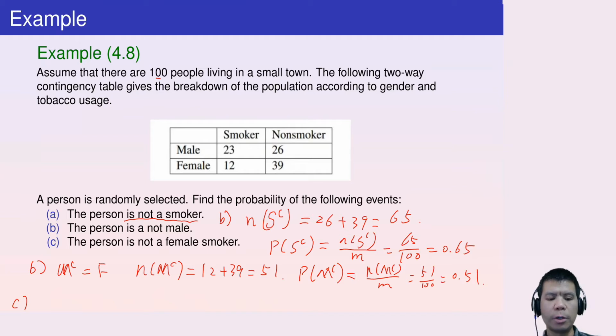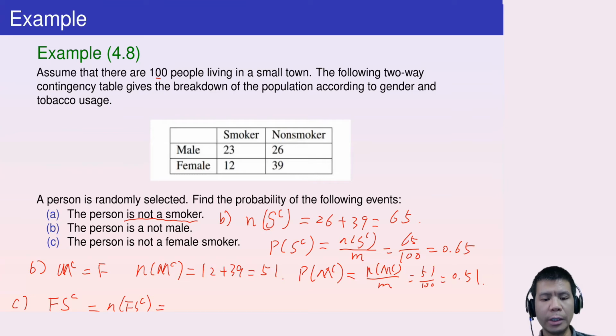And C. The person is not a female smoker. So not a female smoker, that is the female smoker complement. So how many are there?